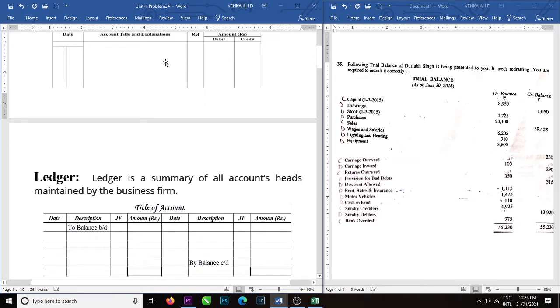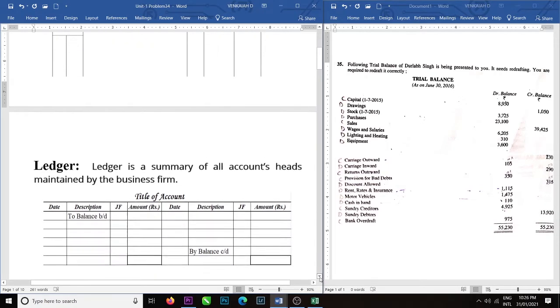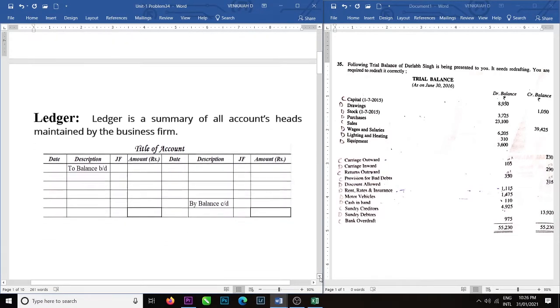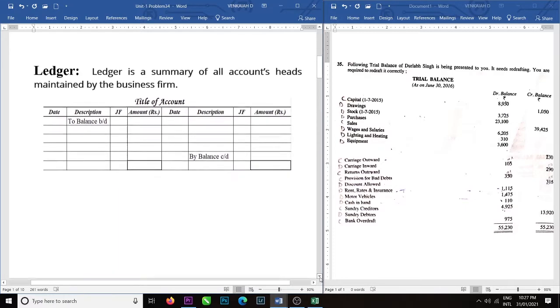All the transactions related to a particular account, cash, furniture, like that, are posted into that particular ledger account. Okay. So the balances of ledger accounts are transferred to trial balance.